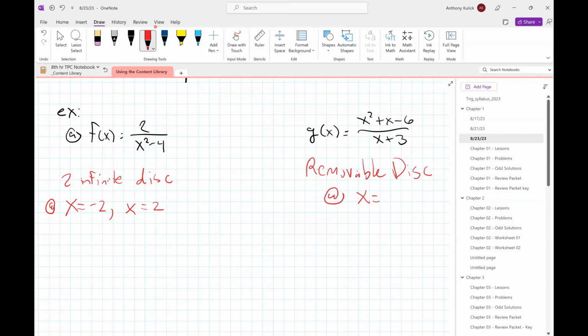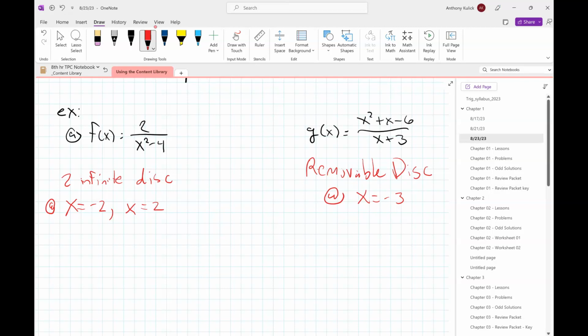And surprisingly, or maybe not surprisingly, that happened exactly at -3. Why -3? It's where the denominator became 0.